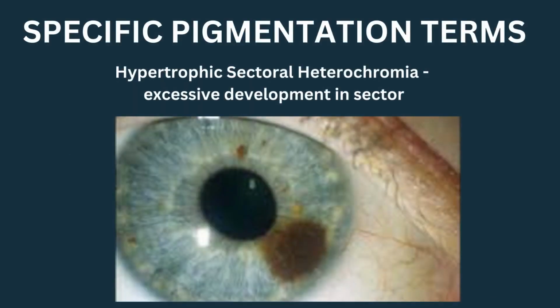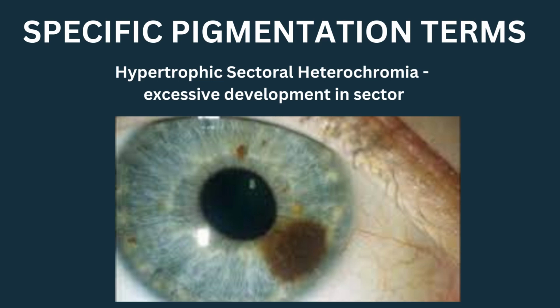Now, when we talk about specific pigmentation terms, we talk about hypertrophic, right? So this means hypertrophic sectoral heterochromia. And that means there is the excessive development of color in a section of the eye. So you see all this brown is only in one section of the eye.